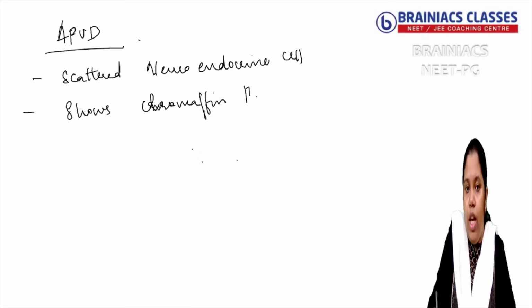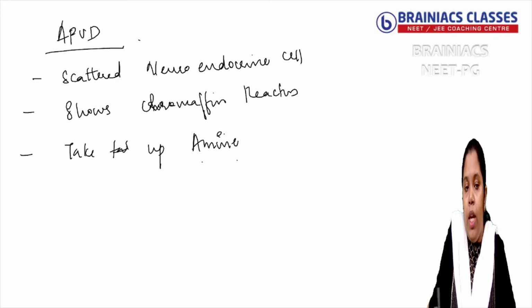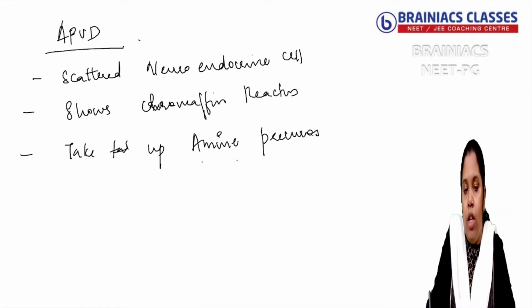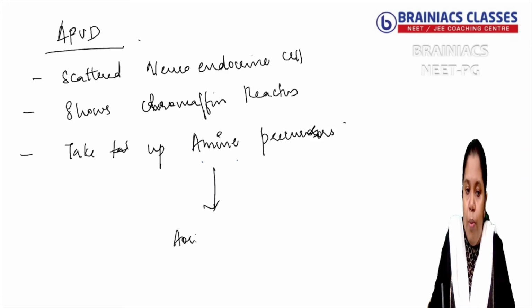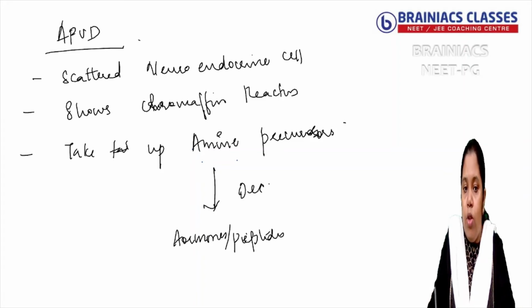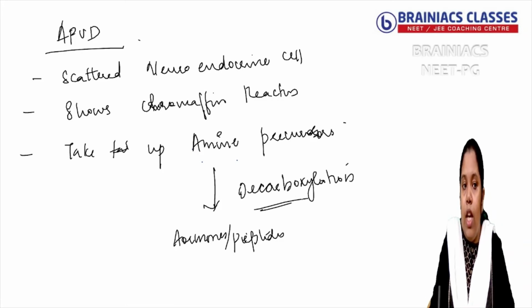They take up amine precursors, and these are converted to hormones or peptides by decarboxylation. Such types of cells are called Apud cells.